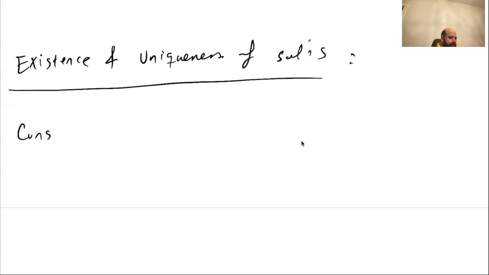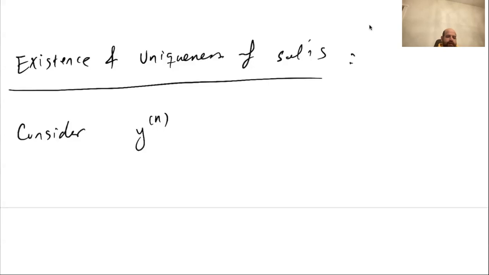So let's consider the equation of the form, let's say y nth derivative. First we want to know when the solution exists and is unique, and then we want to try to find it. First, we have to have a guarantee for existence and uniqueness of the solution, and then we'll try to find the solution.